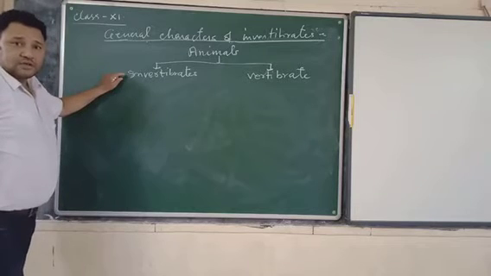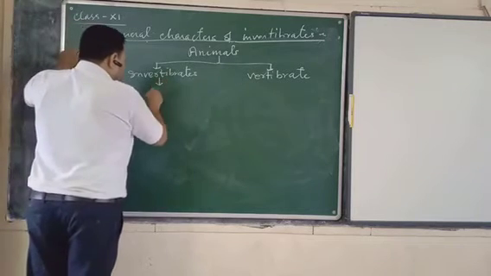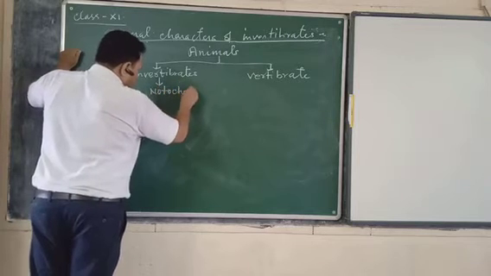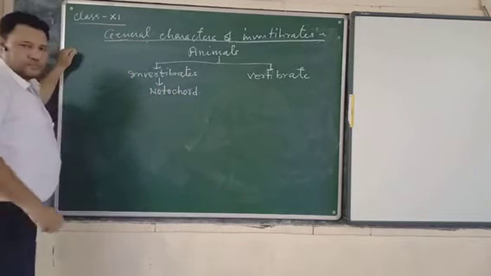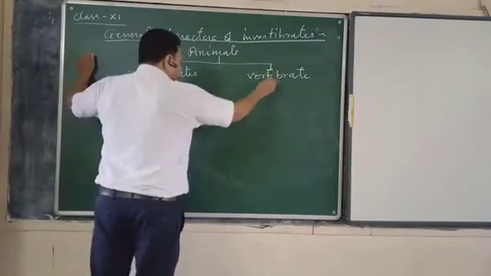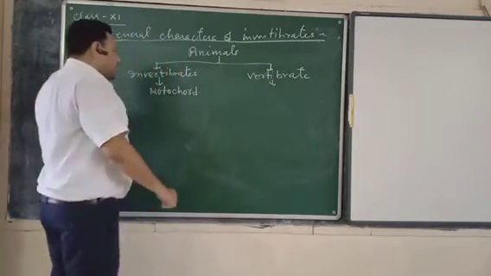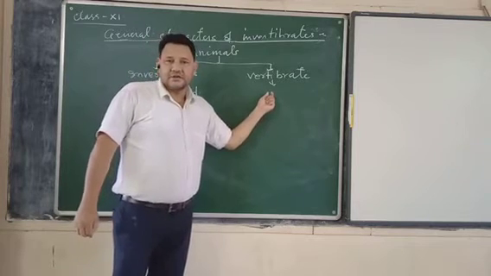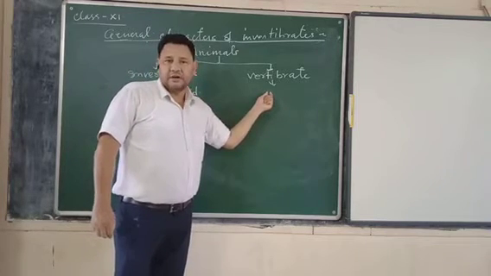Invertebrates are those which do not have notochord, while vertebrates have notochord in their initial life, which later gets developed into the vertebral column.